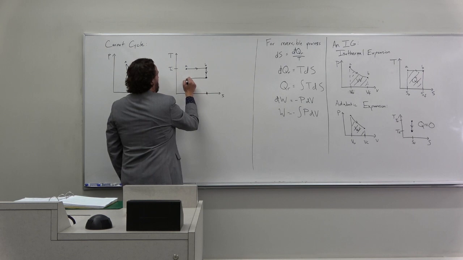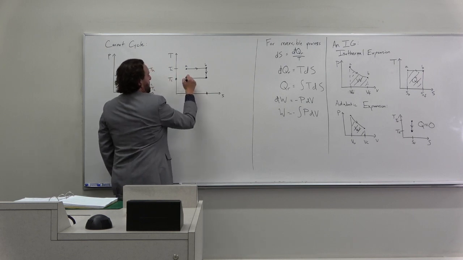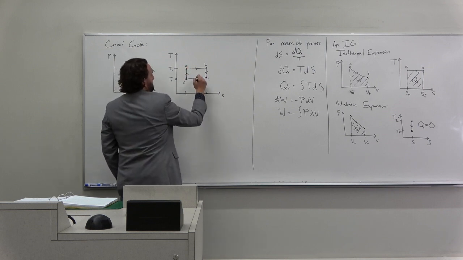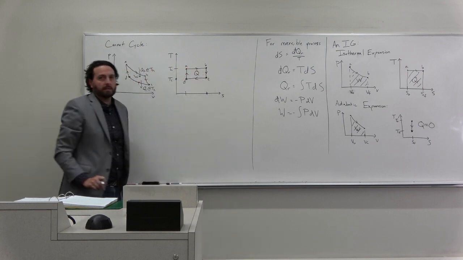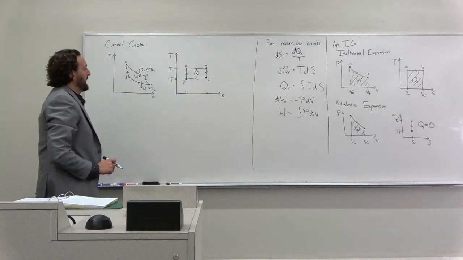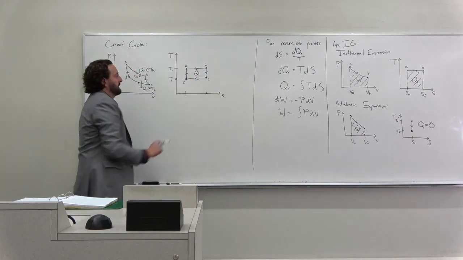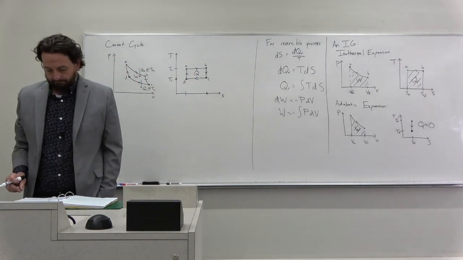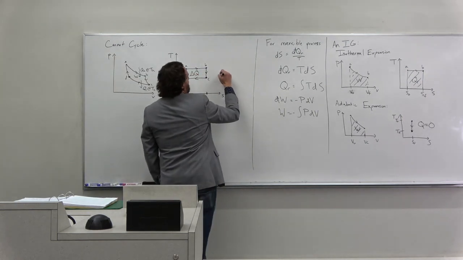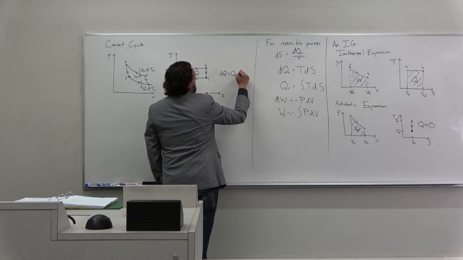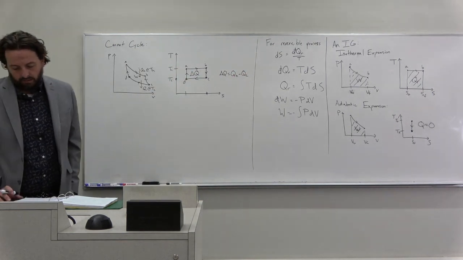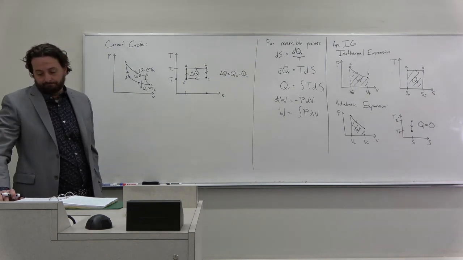We came back along TC to point D, and we came back up. And so the heat that's evolved is the net difference between QH and QC, right? So here let's call it delta Q, because delta Q is going to be QH minus QC. It's really the net heat is the area under the curve.